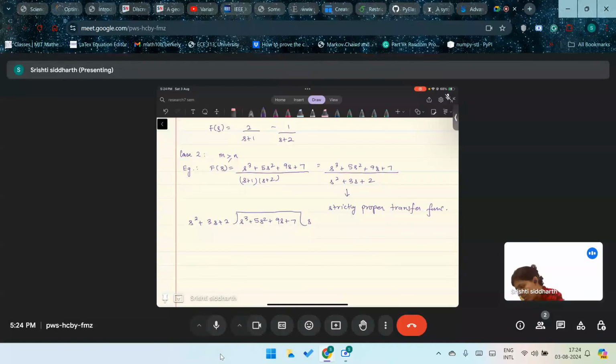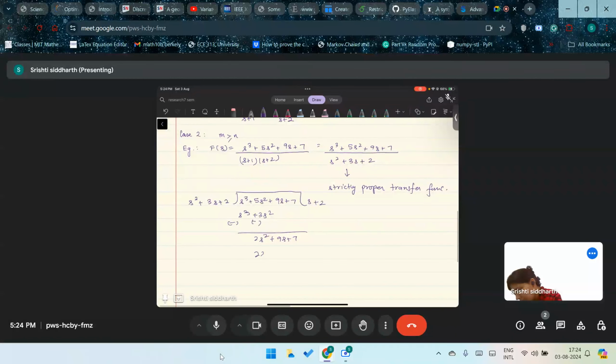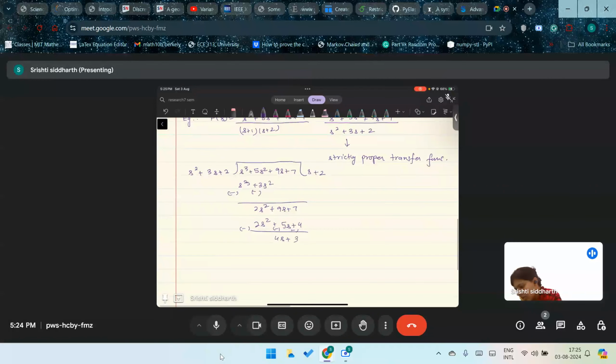Dividing by s, we get s cubed plus 3s squared plus 2s, leaving 2s squared plus 9s plus 7. Then we add 2, giving 2s squared plus 6s plus 4, and the remainder is 4s plus 3.